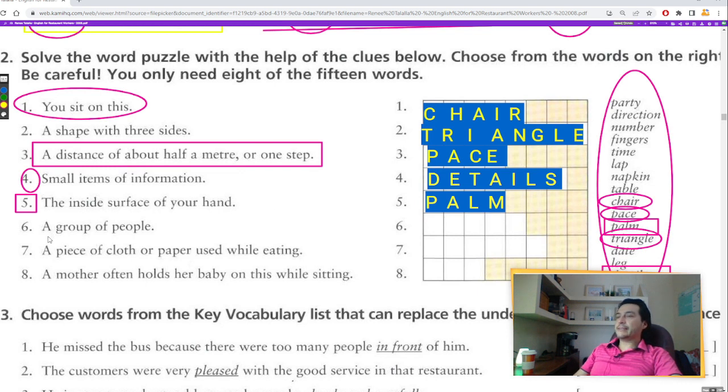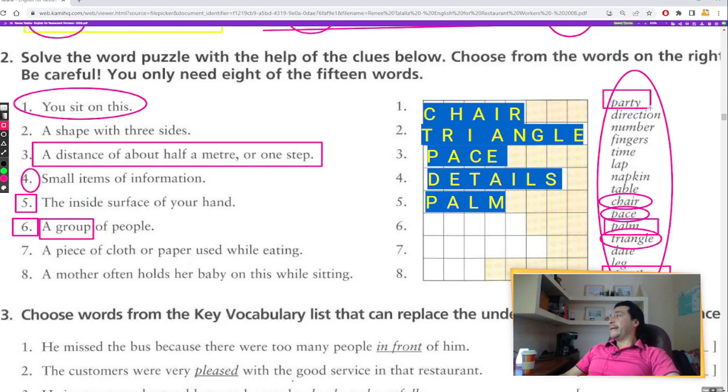Number 6. A group of people. What is that? A group of people. In the restaurant, we call a group party.